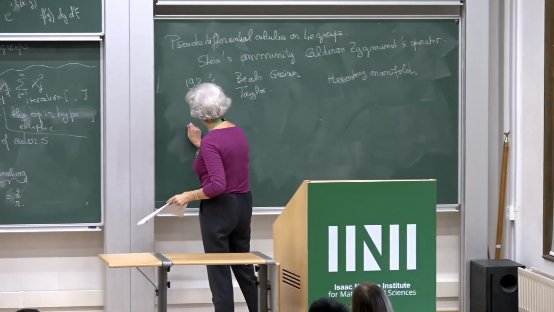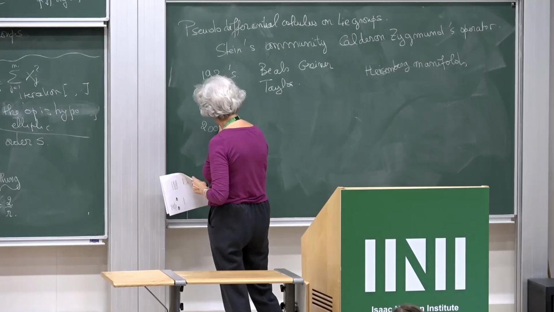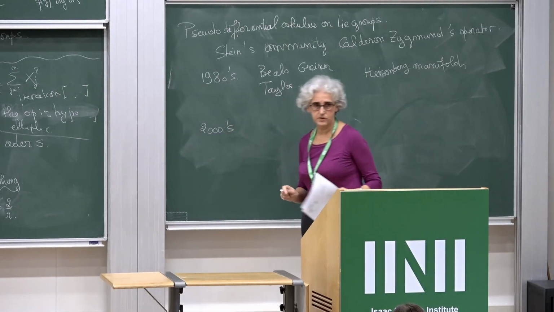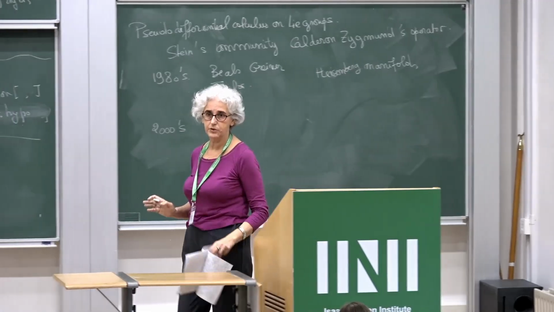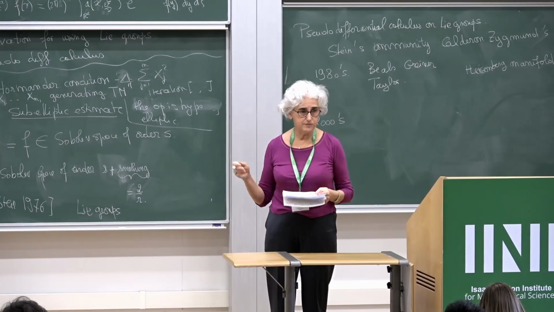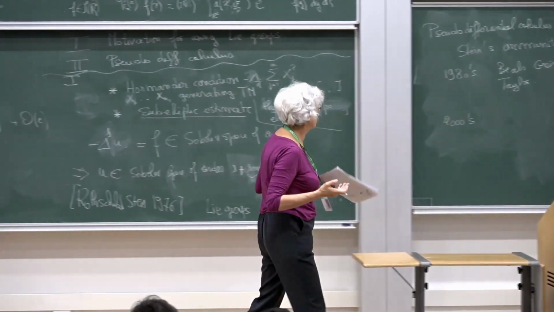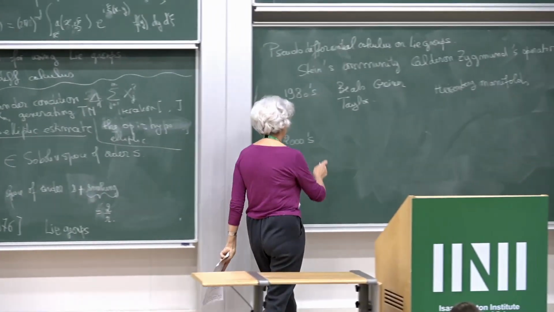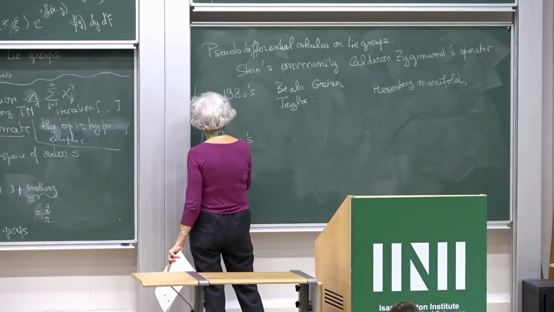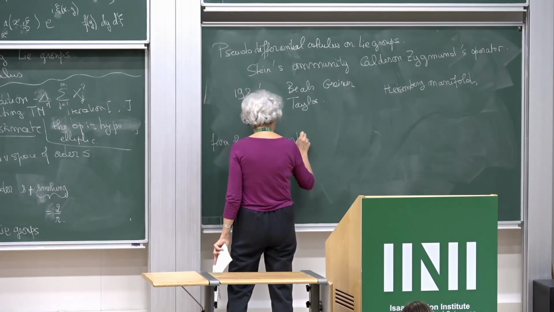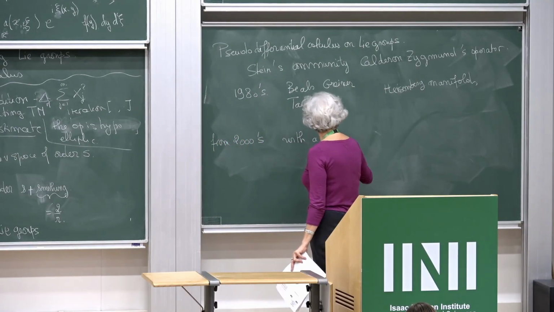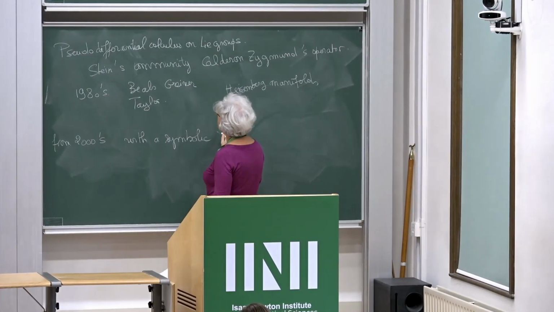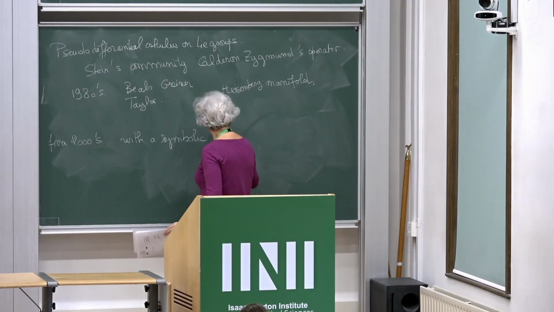Then, going to the 2000s, the years starting from 2000, at that period there has been a rebirth of interest for these operators, but really with a symbolic approach. So which A can I use for constructing my pseudo-differential calculus.